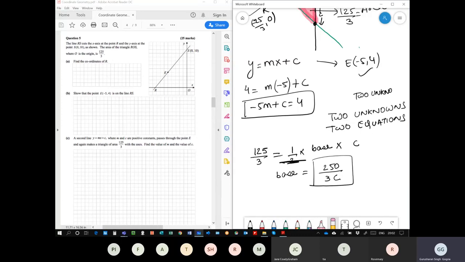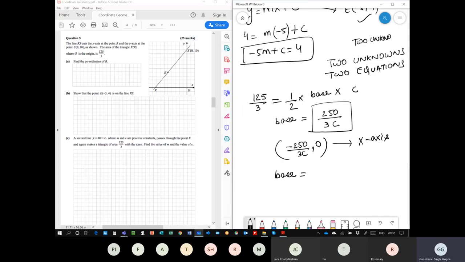So the coordinates for the point is minus 250 over 3c comma 0, isn't it? This is the point where it cuts the x-axis. So you got another point using the area.